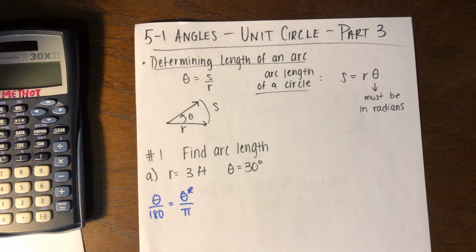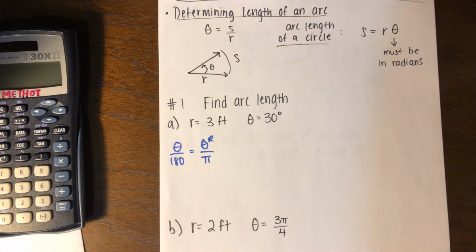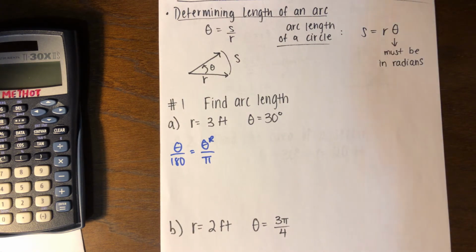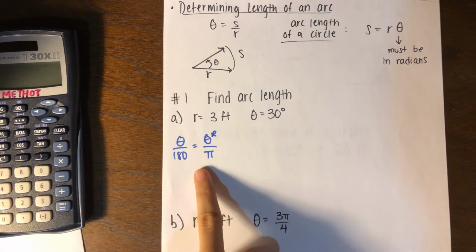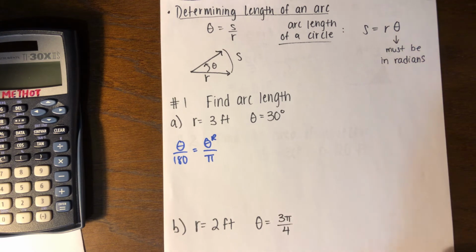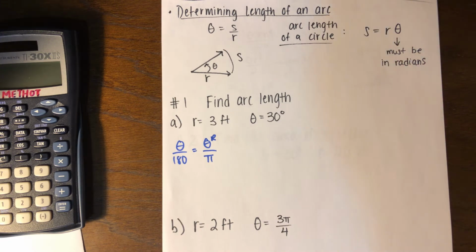So let's jump right into finding an arc length. We have that the radius is 3 feet and they give us 30 degrees. Remember, we need it in radians, so we're gonna have to use our formula from yesterday's video to convert. Let's start off by plugging everything in.